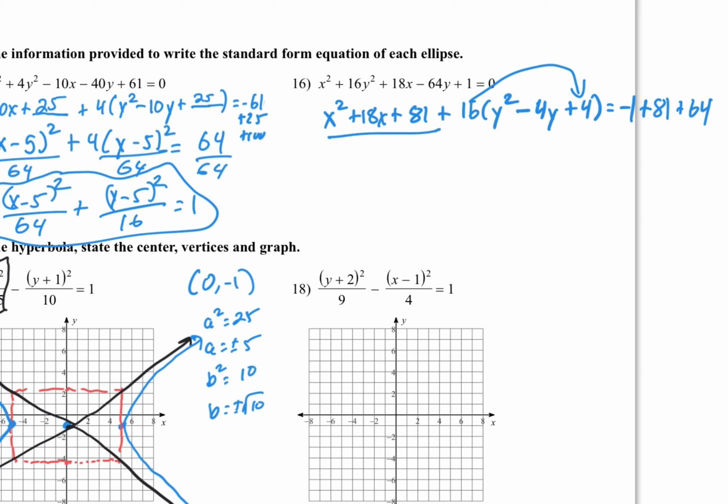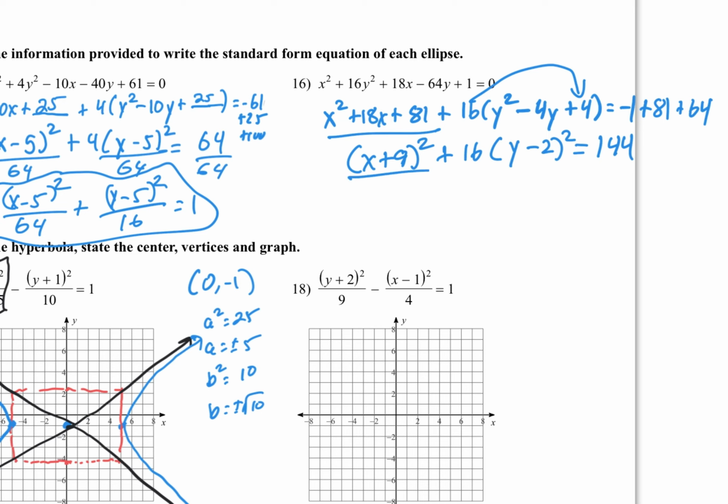Factor: x squared plus 18x plus 81, half of 18 is plus 9, so that's x plus 9 squared plus 16. Half of negative 4 is negative 2. On the right: negative 1 plus 81 plus 64 is 144.